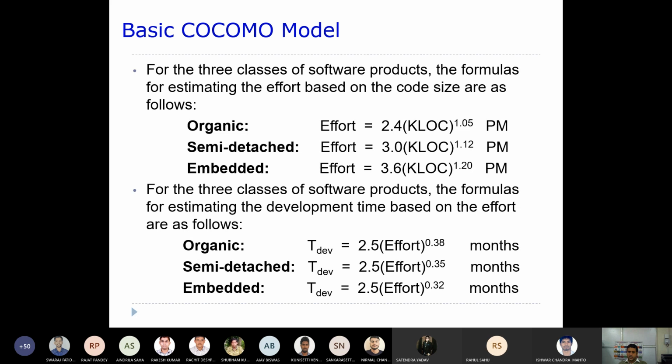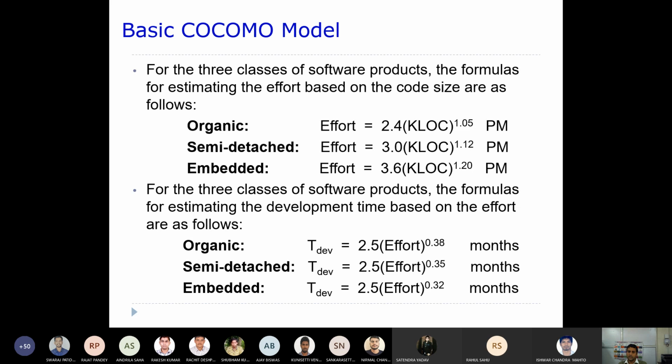Now can you tell me which one is increasing superlinearly? I mean, whether the effort is increasing superlinearly, or the development time is increasing superlinearly. Which one will have more slope?